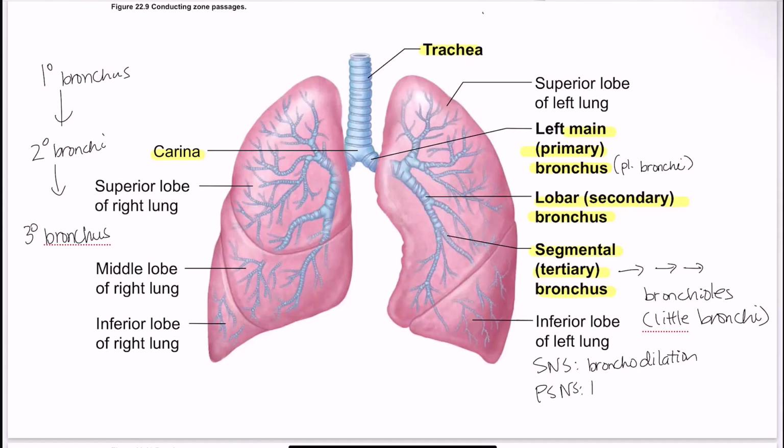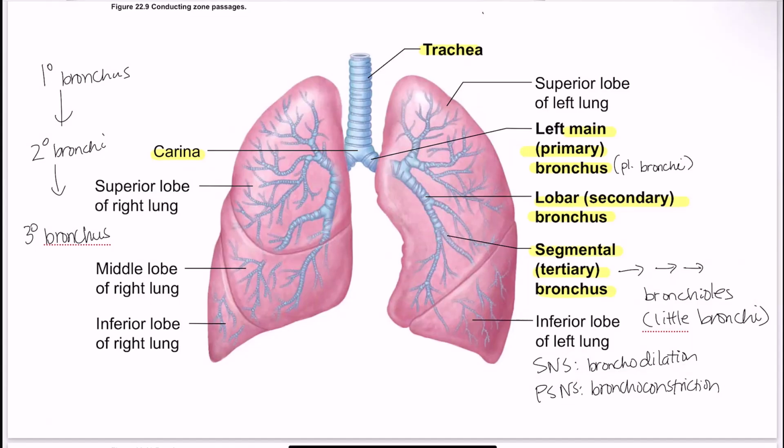PSNS leads to bronchoconstriction, making those vessels or tubes smaller. And again, this is at the level of the bronchiole. So asthma is when those airways are narrowed, which is the bronchioles, right? And so certain asthma inhalers work by activating the SNS to cause bronchodilation.